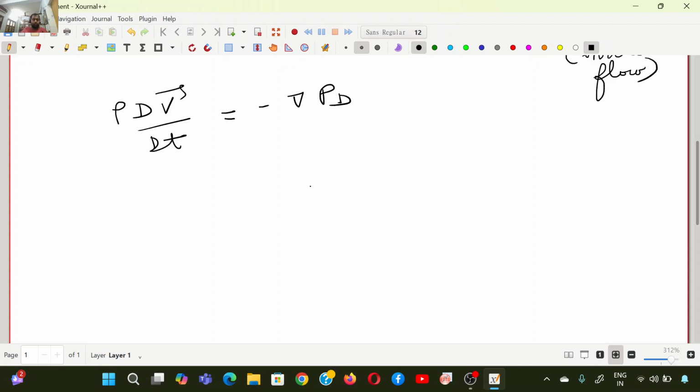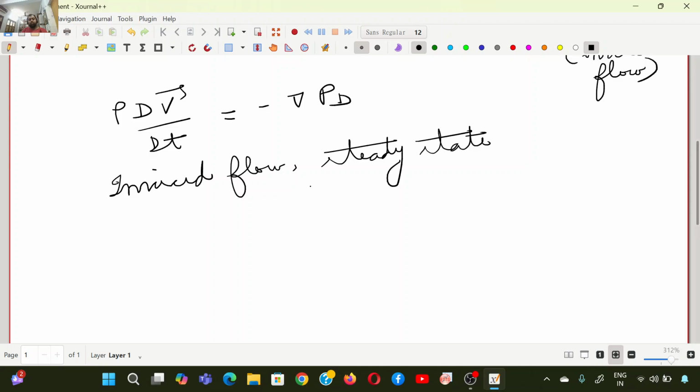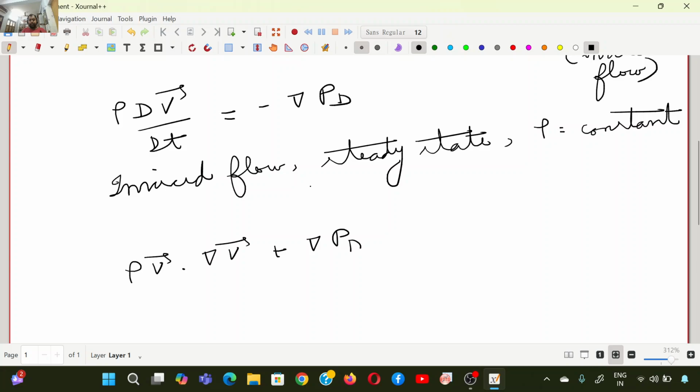It's already high Reynolds number, so you're taking it as inviscid. That is one approximation. Let us also consider steady state, that is partial derivative with respect to t is equal to 0, and rho is constant, uniform properties of the fluid. So it will just be rho V dot del V plus del PD is equal to 0.